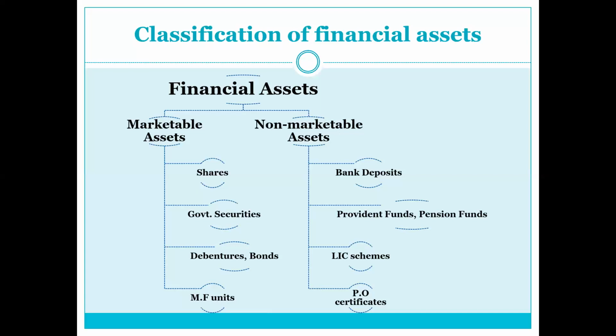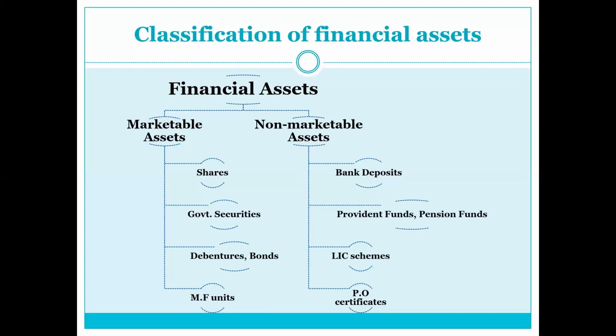But in case of shares, if the company does not have enough profits to give dividend, then they can choose not to give dividend, or they can postpone the payment of dividend to the next financial year. That is a major difference between shares and debentures. So a debenture holder is safer than a shareholder, because debenture holders will get a return even if there is no profit. But in case of a shareholder, they will get a return only if there is profit.